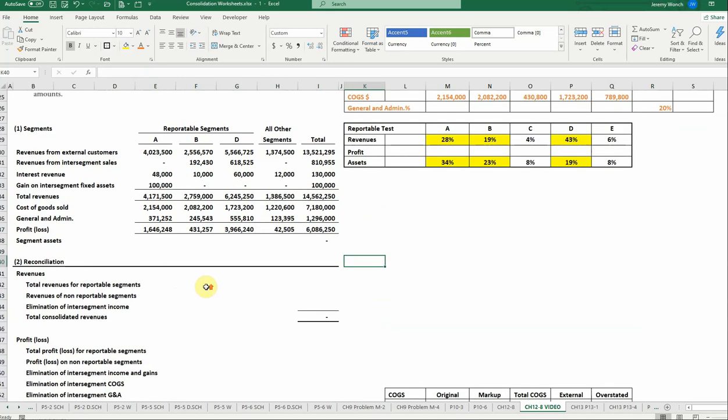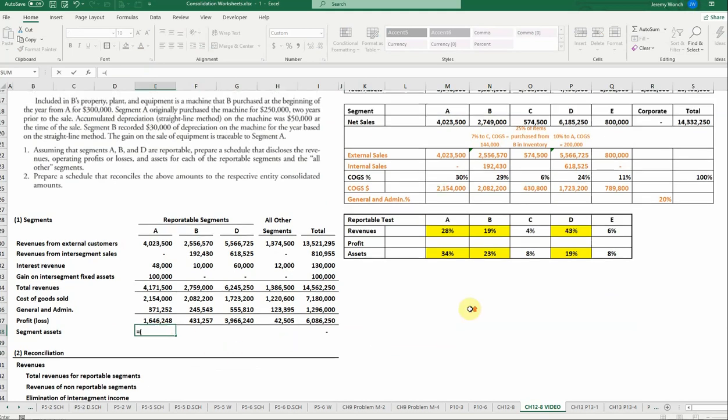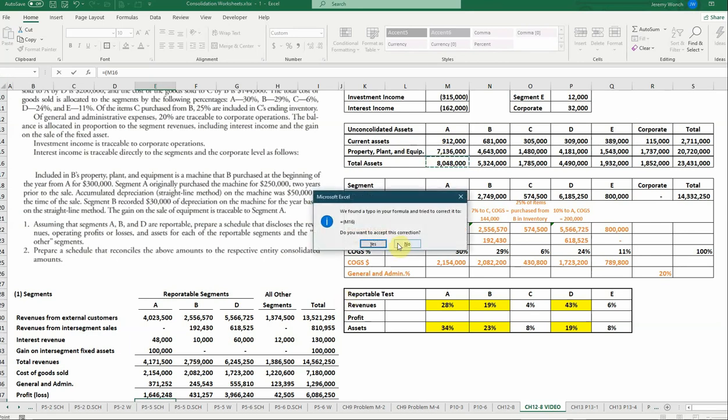And then the next thing we need to do is just add in the segment assets, or just disclose them. So the total assets, we have current assets plus property, plant, and equipment.